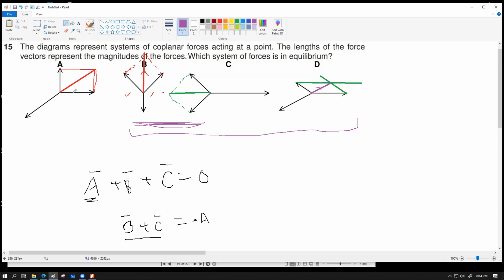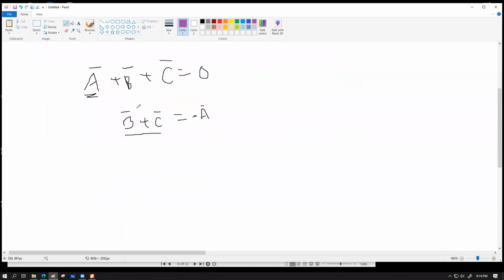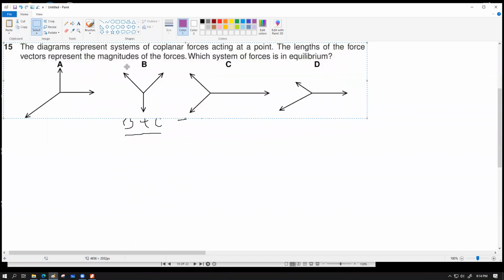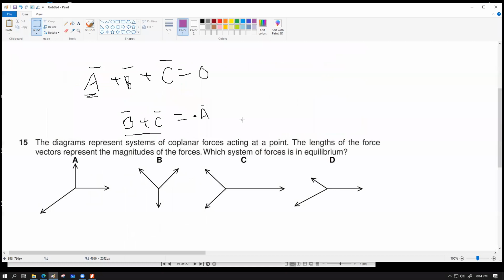Now, the problem that kids in most cases suffer from is that whenever they do not complete these figures, A always appears to be a non-preferable choice. What I mean is this, have a look. If you just look by eye, it doesn't feel like the resultant of these two can be equal to this much length. The length of these arrows looks pretty long, doesn't it? But if you actually complete the parallelogram using the tips of these arrowheads and measure the diagonal length over here, you're going to find an exact value.